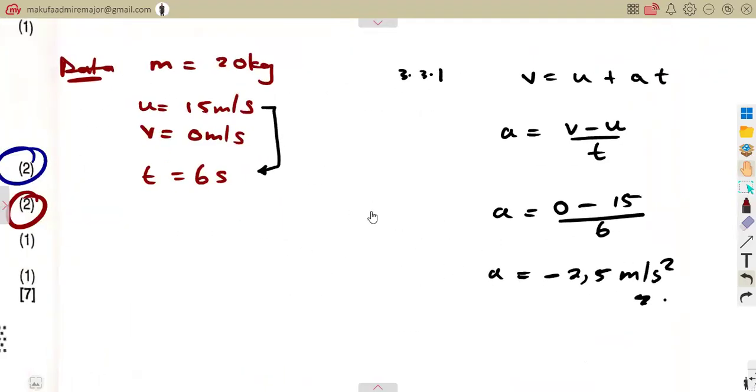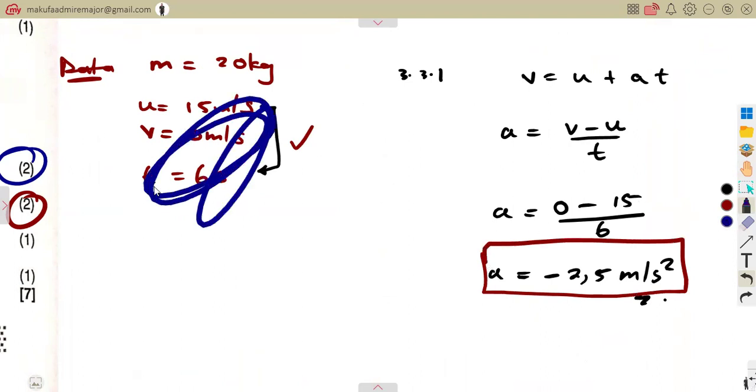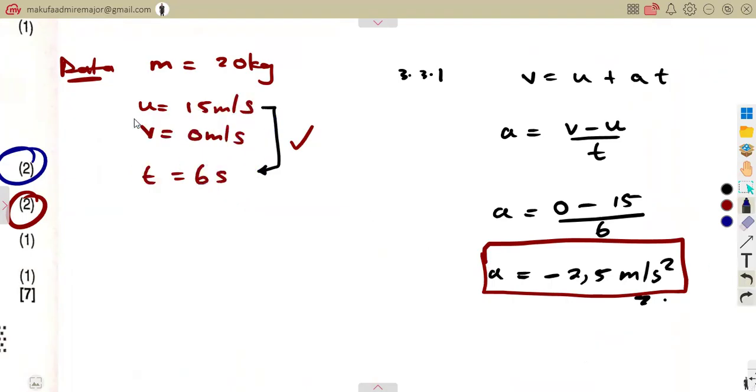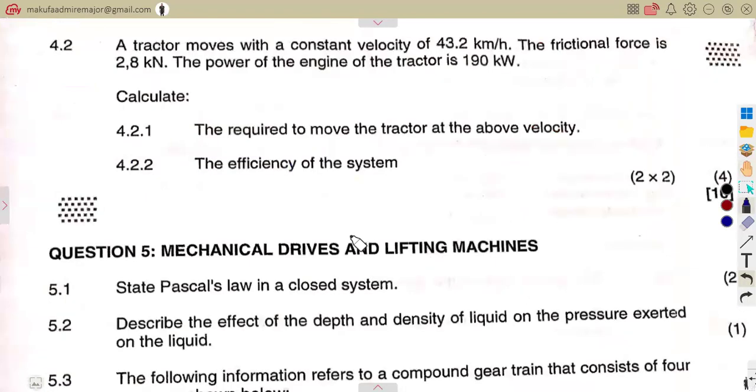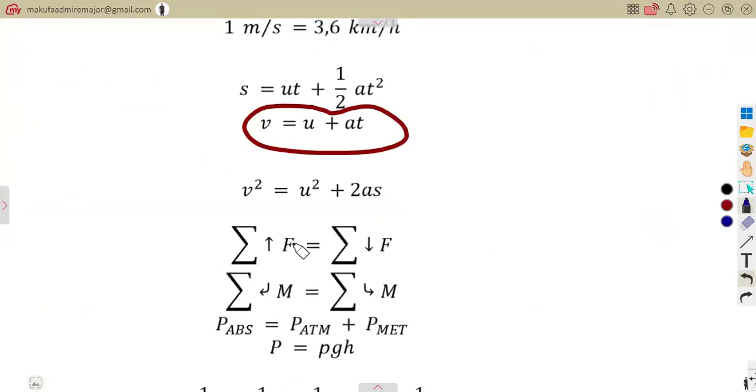So this part of our linear motion is still to play a role, and also this acceleration that you calculated can play a role. I'm given U, V, and T. Can I calculate the displacement? From the formulas that we are given, do we have a formula for displacement? So far we do not.